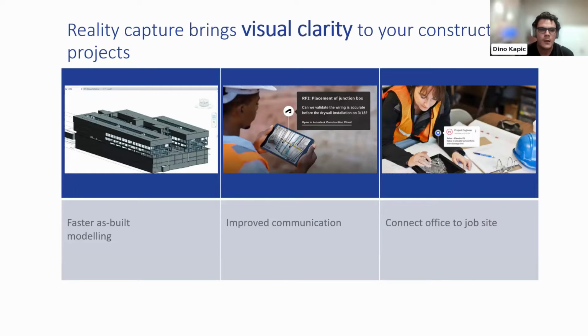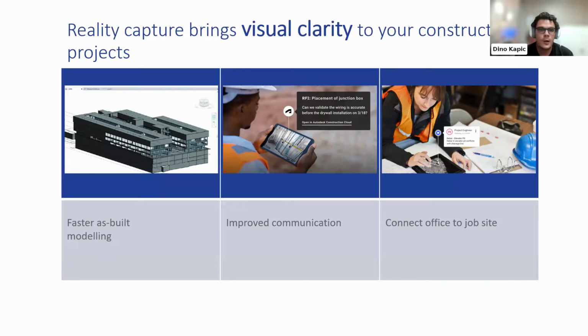All right, so let's look at some of what reality capture gives us. First and foremost, we get to go from capturing our site and generating the point clouds to our as-built model much faster. This is where Matterport varies their touch. We can go for the full touch method, which means we capture it with our Matterport services, take that point cloud, and ask Matterport to give us an LOD 200 model.